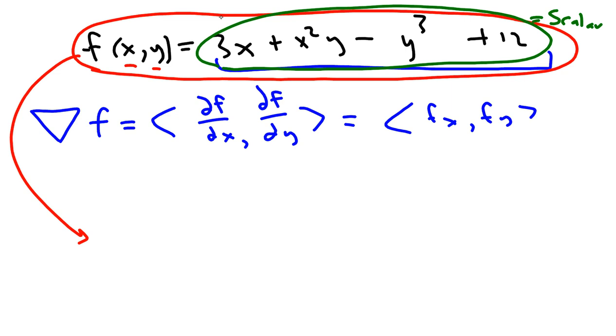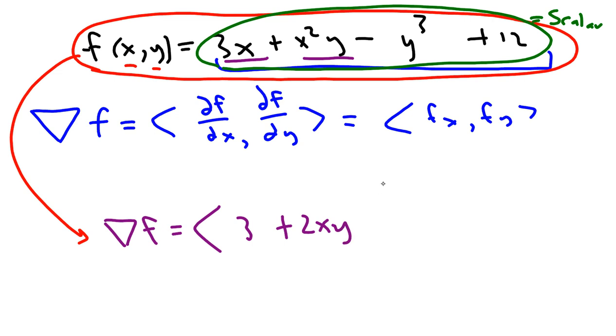So gradient of f is equal to, if x is the variable, the derivative of 3x would be 3. The derivative of xy squared would be 2xy. And the derivative of the y cubed would be 0. And the derivative of 12 would be 0. And then similarly, if y was the variable, then the derivative of the first term would be 0.